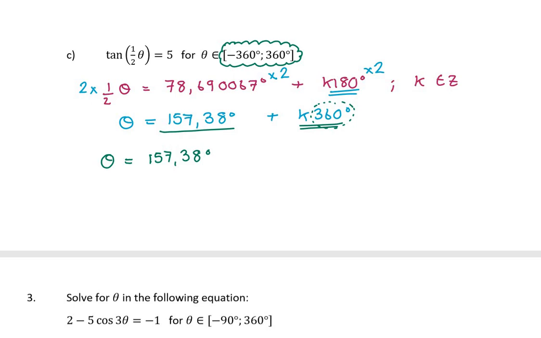But this one said add k360 because I'd multiplied by 2. So don't just default to 360. You've got to look at what you're allowed to be adding. So I can't add 360 as I've already found out. But if I minus 360, I get minus 202,62, and that is acceptable. And now I can't subtract anymore because then I'd get too low. So there's two answers in this specific domain.